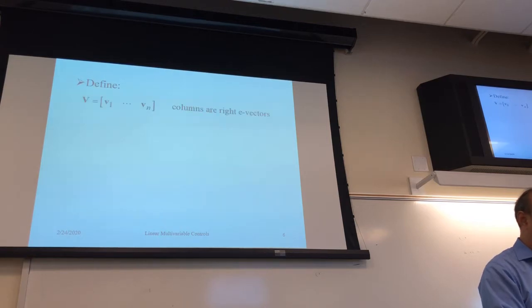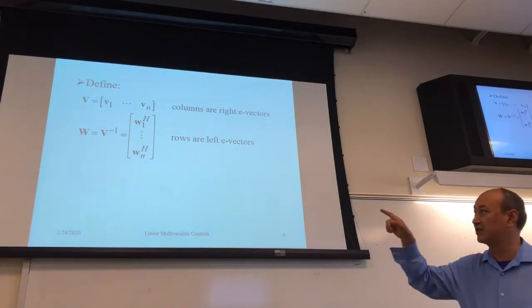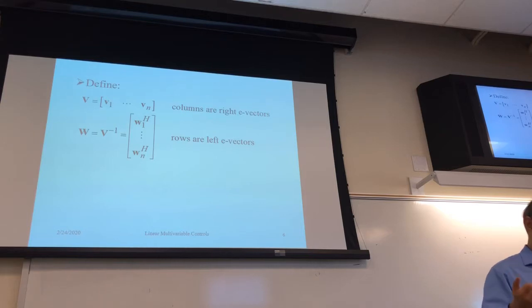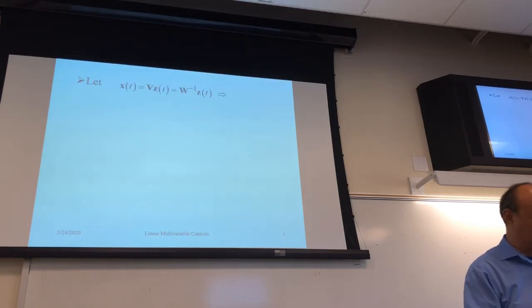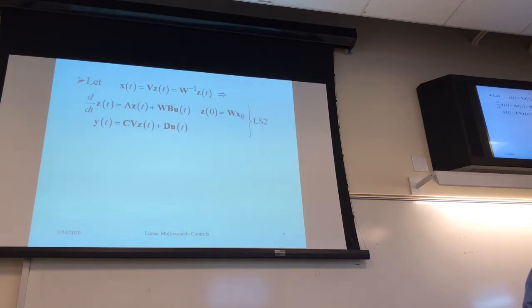So then we define the V matrix. W is the inverse of V. V is the right eigenvector matrix, W is the left eigenvector matrix. So then we can diagonalize X into Z, and you can see that this is the Z dynamics in the Z coordinate system.